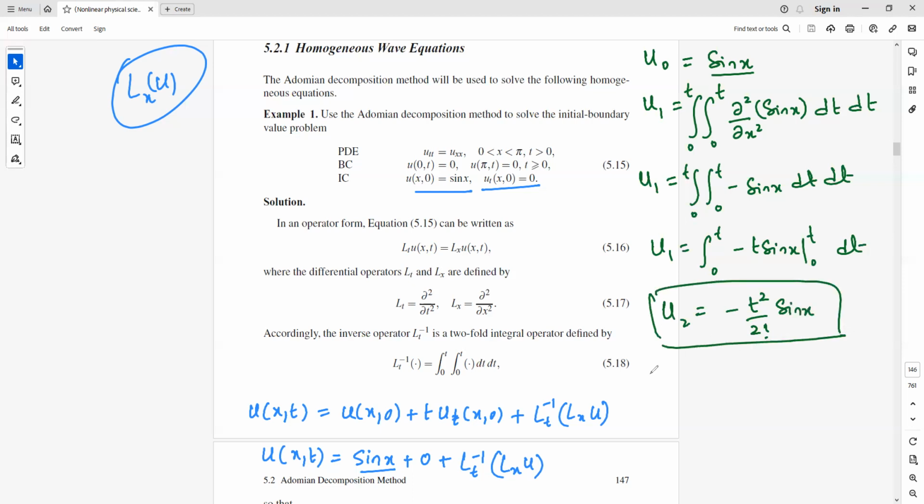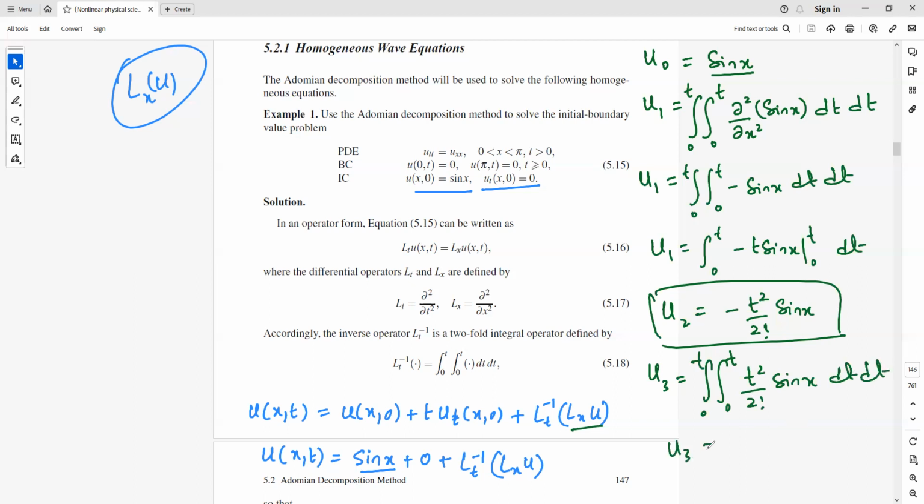Similarly, if we want to work out u3, that is again the iterated integral operated on this u2, that is LX u2. Therefore, the second partial of this negative t squared over 2 factorial sine x will be t squared over 2 factorial sine of x, dt.